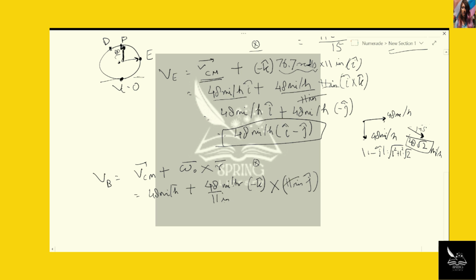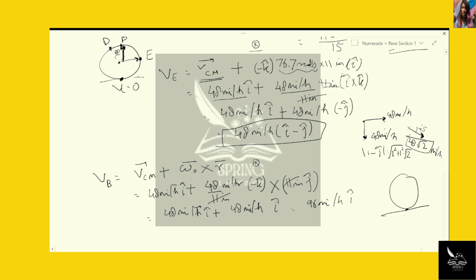So 11 inches cancel, and minus K cross J is actually in the I direction, because the velocity of the center of mass, or the translation velocity, is the same for all the points. So it's 48 miles per hour I plus 48 miles per hour. K cross J is minus I, then minus of minus I is plus I. So this becomes 48 plus 48, 96 miles per hour I. This is true for any rolling motion.